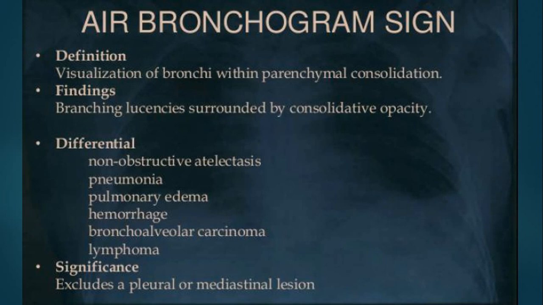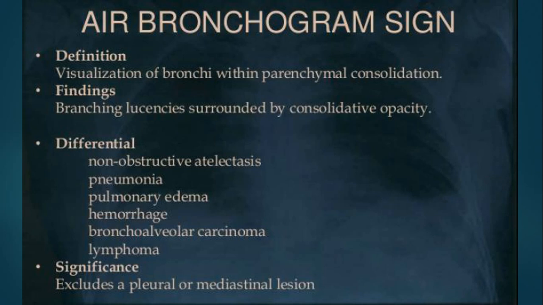There will be a whitish lung parenchyma, lung density. The lung will be white because it's consolidated, and within this white there will be branching lucencies. Lucency means dark, so there will be dark lines surrounded by the consolidative opacity, surrounded by the white lung. What does that indicate? If you see an air bronchogram, the differential diagnosis is as follows.